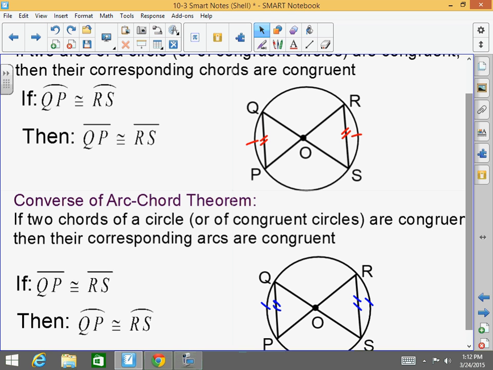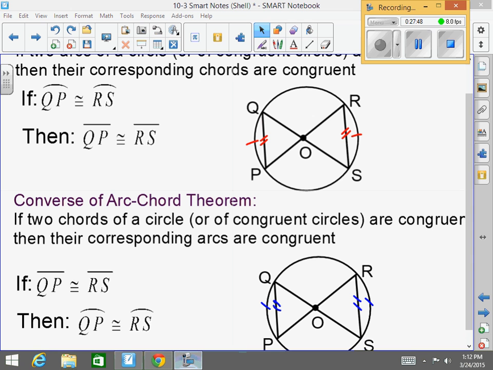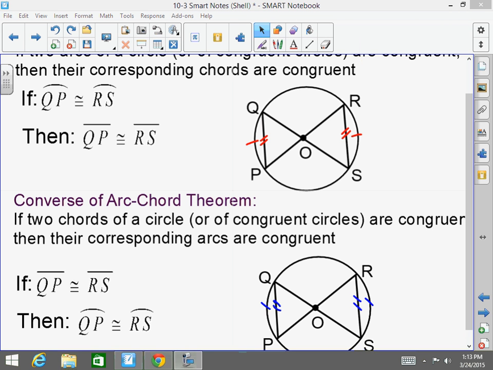No, because in the other one, I like your connections. The last theorem stated that, hold on please. So yeah, basically what he said was very astute. He said, Mr. Moll, since this chord is congruent to this chord, because of the central angle-chord theorem, doesn't that make angle ROS congruent to angle QOP?